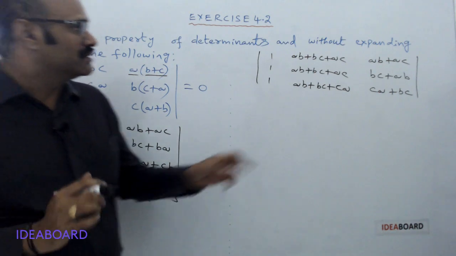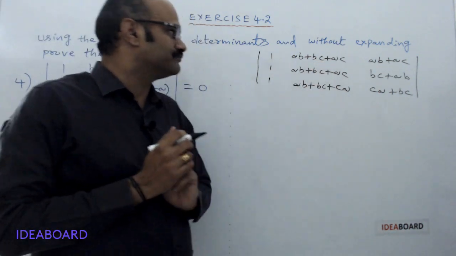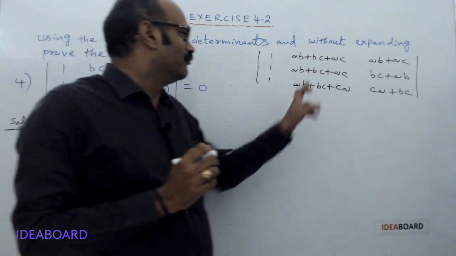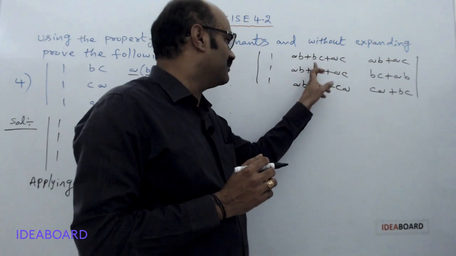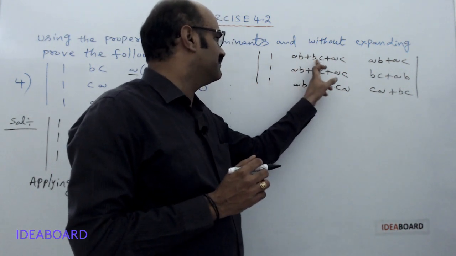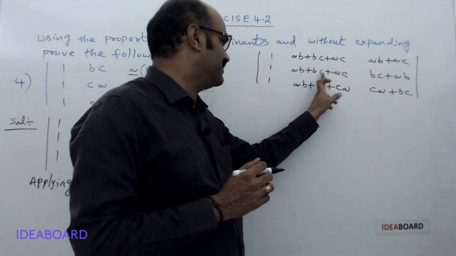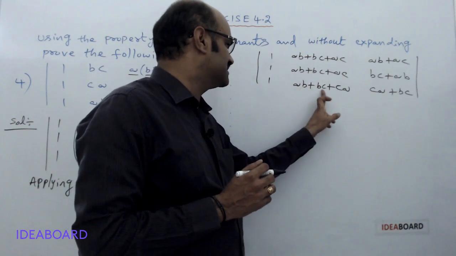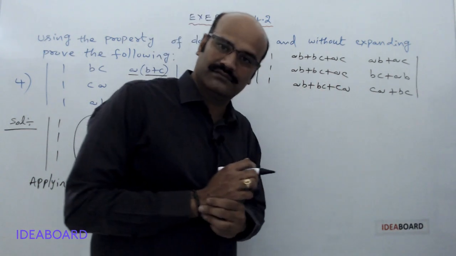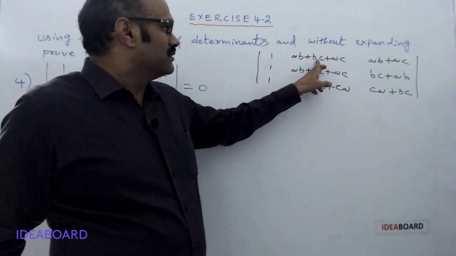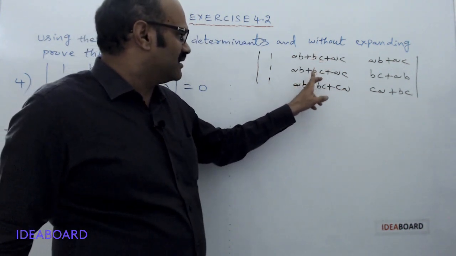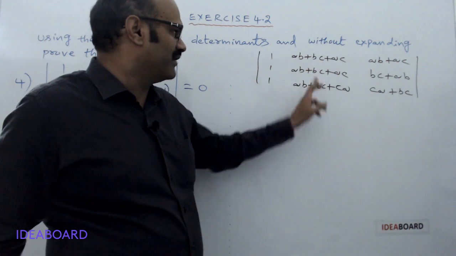Now here from C2 we have the common factor, AB plus BC plus AC, in each and every element of C2.